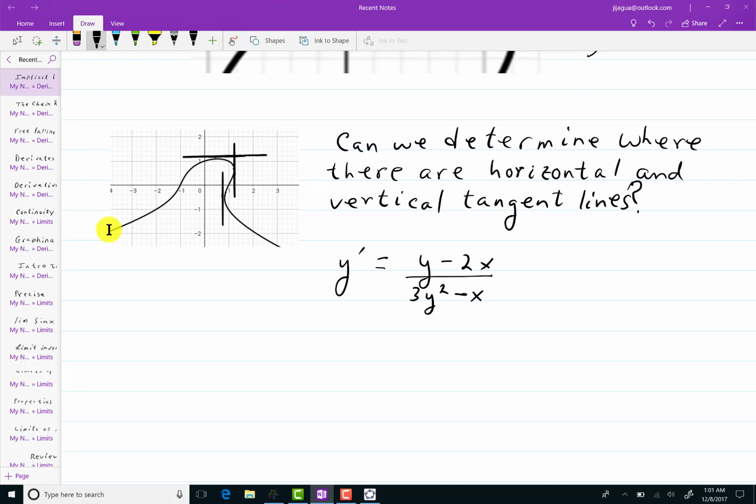Now, I'm looking at my graph, and I'm not sure where this point occurs right here, but I do know a horizontal tangent means that y prime equals 0, because horizontal lines have 0 slope.